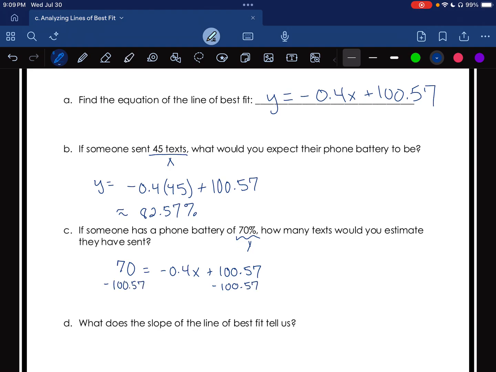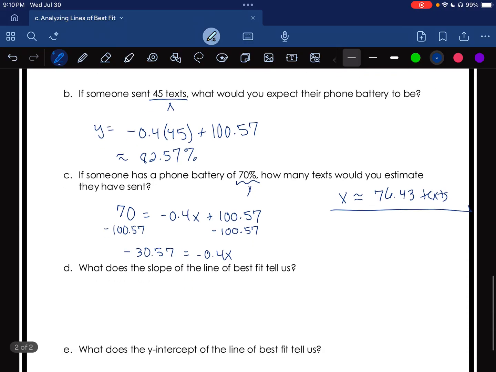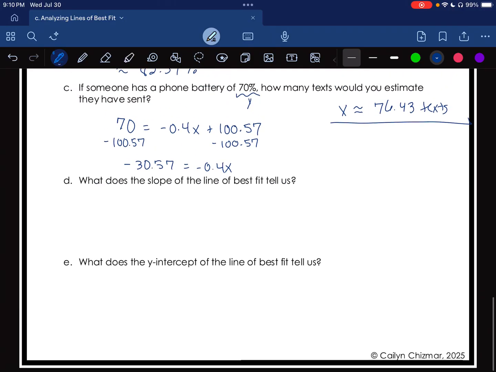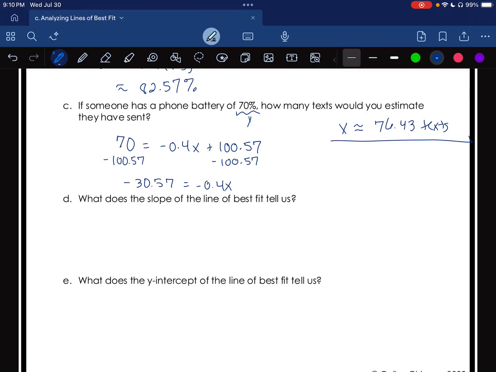Okay, so this slope says that for every additional, I always think about one increase in whatever the axis is, so for every additional text sent, phone battery decreases, or tends to, by about 0.4%.